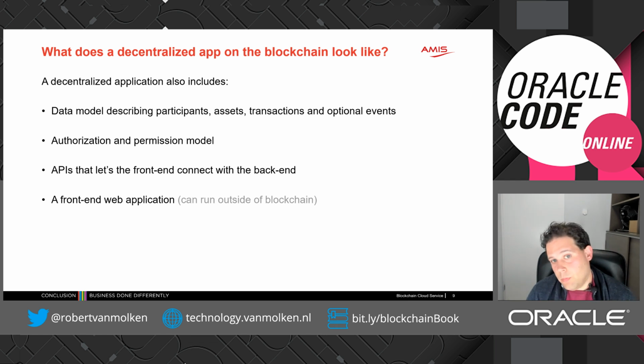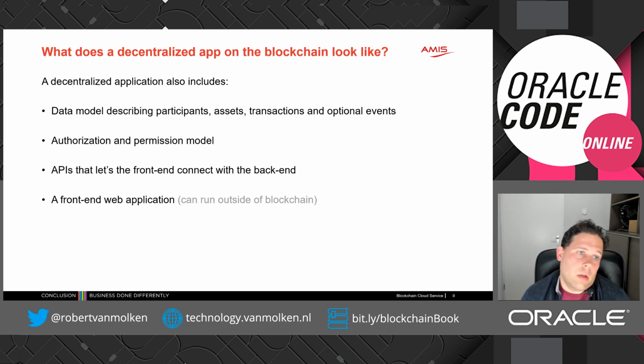The assets describe what we want to store on the ledger. Transactions are the methods to store, read and transact assets between participants. And events are triggers we can send out for the application, so it doesn't have to query on the data, but it can just listen to events to do the following action.